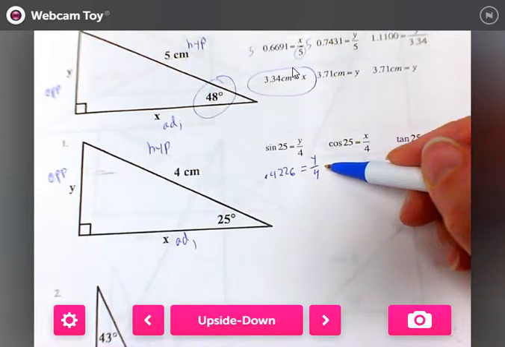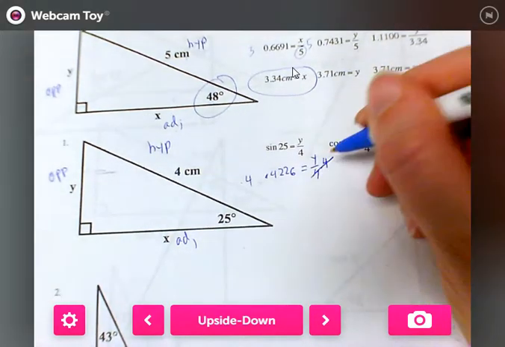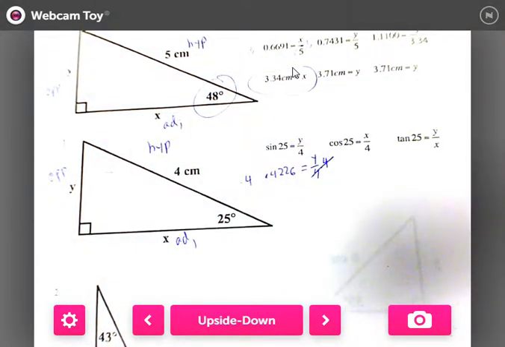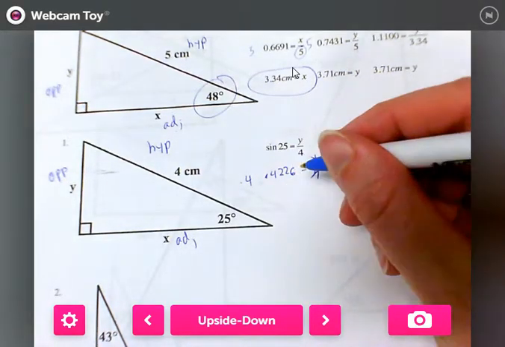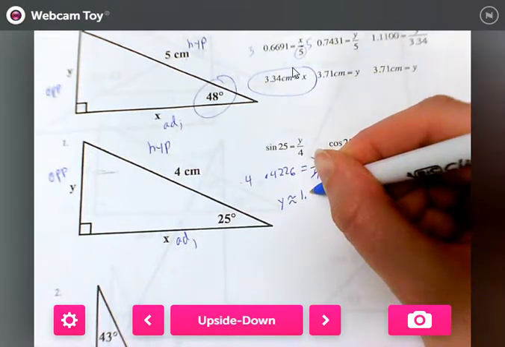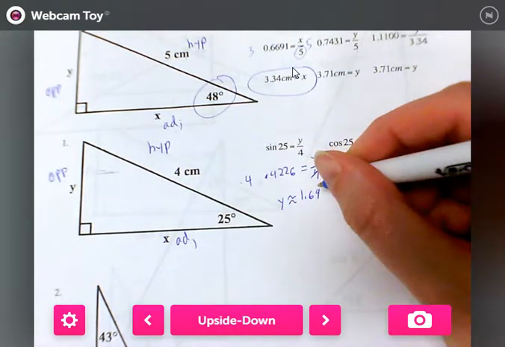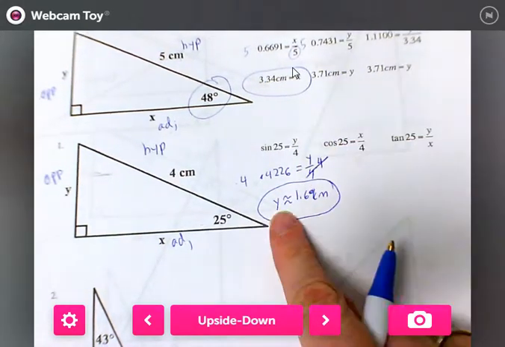What's the opposite of dividing? Multiplying. So I'm going to multiply both sides by 4. So I'm going to times my answer by 4, and I'm going to get y is approximately 1.69 centimeters. Just do 2 decimal places, and that's why I did the approximately.